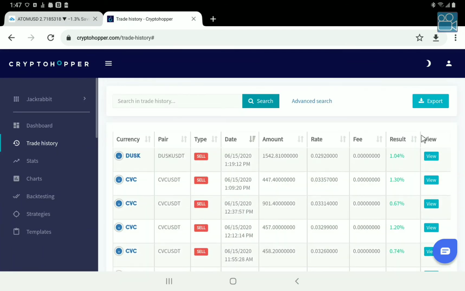My highest result to date has been on Beam. Now mind you, my take profit on this coin is only 0.3%, but yet it yielded 2.44%. So that's something to think about when you're looking at the amounts. But also be aware.